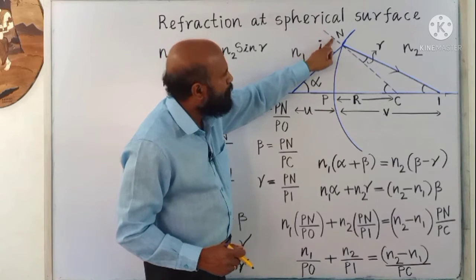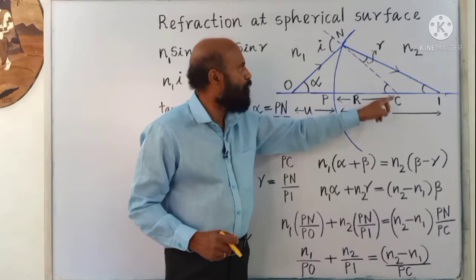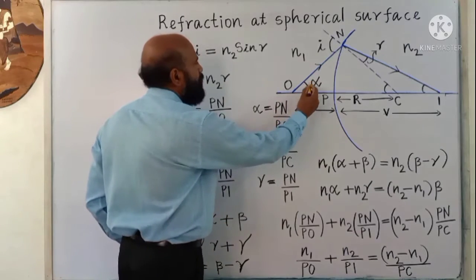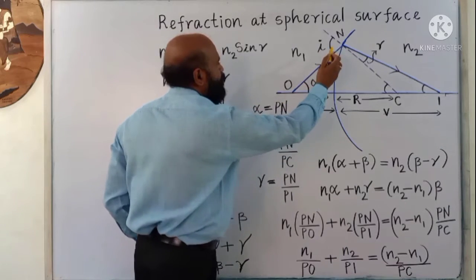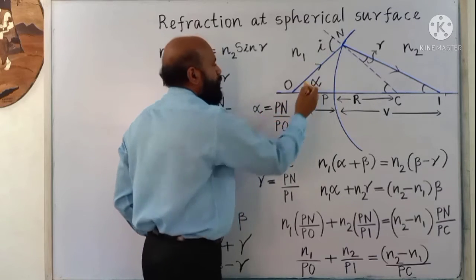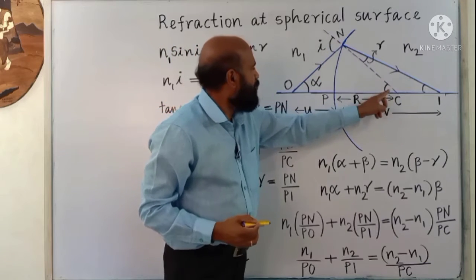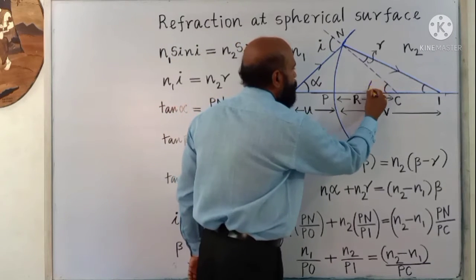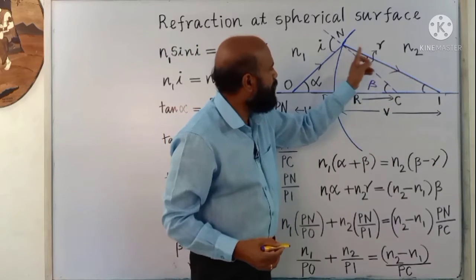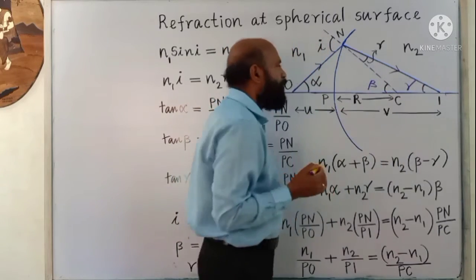So the normal will pass through the center of curvature of the spherical surface. Angle PON is alpha, angle NCP is beta, angle NIP is gamma.